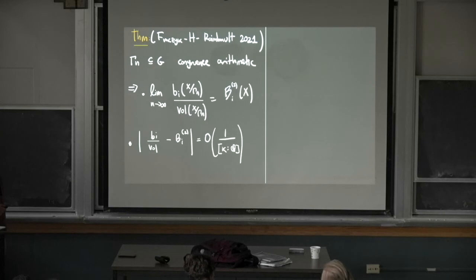It's the fanciest way I know of saying 0. We also proved something a little bit stronger: if these gamma_n are defined over number fields with increasing trace field, then this convergence is a little bit better.